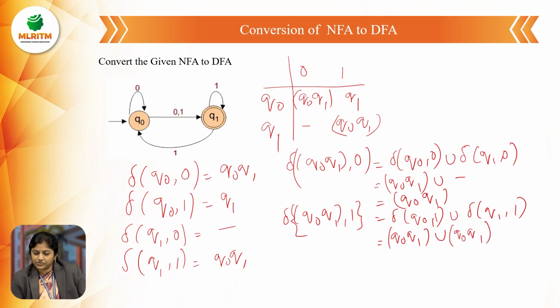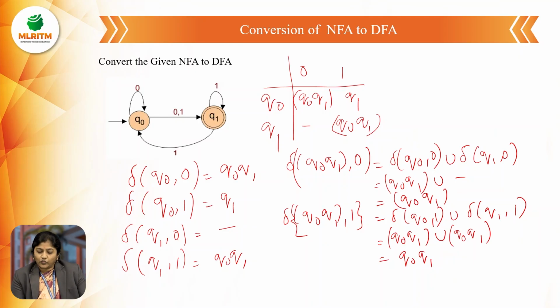So the union of these two will be Q0, Q1. Is there any new state we got for this? No. If we get a new state, then we need to derive for those new states. If we didn't get any new state, we stop.